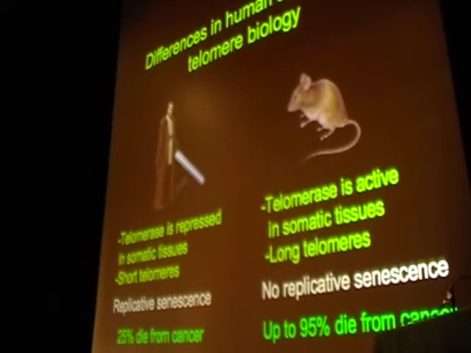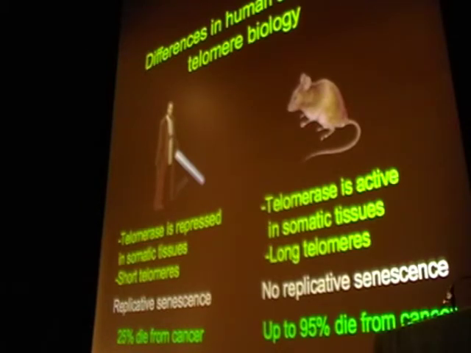When we started working on it, there was really little information about species beyond human and mouse, because cancer research primarily focuses on these two important species. So in order to test this hypothesis, we had to take all those rodents that I showed you in the picture before and test telomerase activity in their tissues.